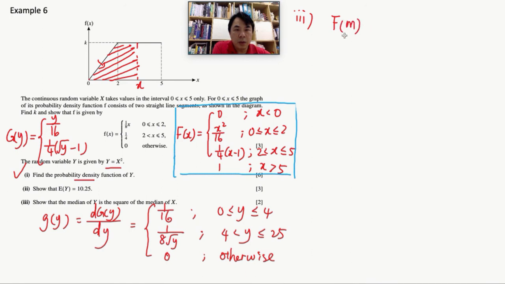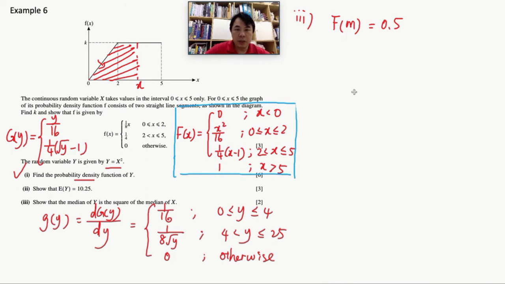The m represents the median. I'm going to work out the median for x first. The median for x, using the distribution for the random variable x, should be equal to 0.5, that should be 50%. We can actually try this out.